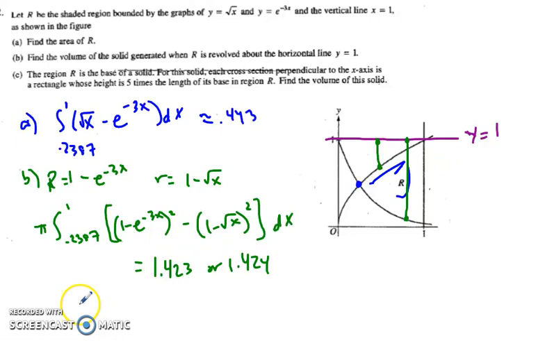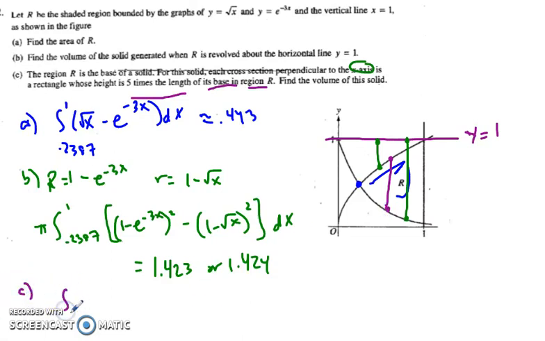So the last question on this problem is, the region R is the base of a solid. Each cross-section perpendicular to the x-axis, which basically just means up and down instead of sideways, is a rectangle whose height is 5 times the length of its base, and the base is in the region. So the base of each rectangle is just top curve minus bottom curve.